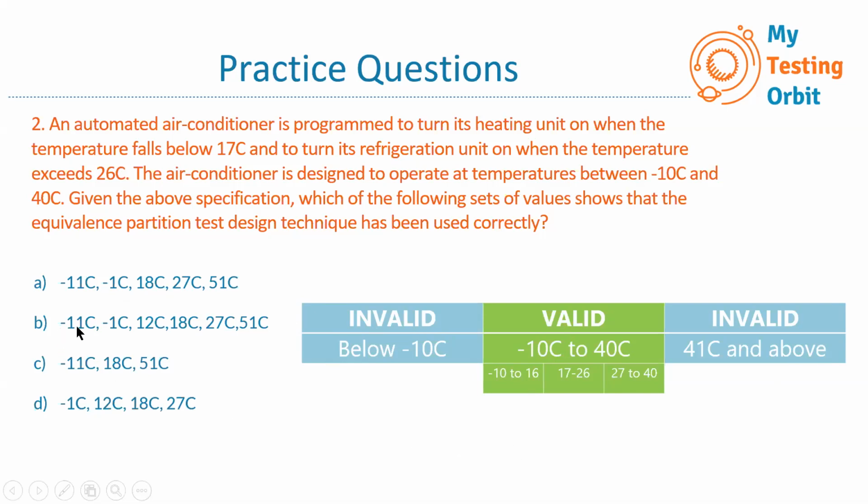If we talk about this one, let's see where it goes wrong. -11 is fine, -1 is fine, 12 is not fine, because in this range we are already taking -1, so we don't need to take another one. And over here, it's not using all the partitions, and the same issue over here as well. So A is the correct answer.